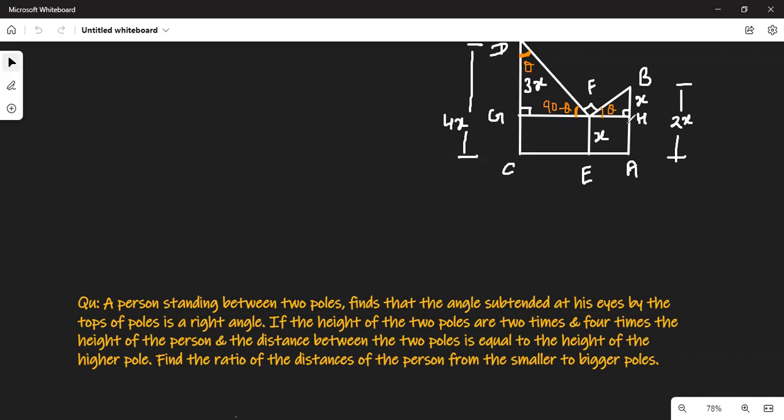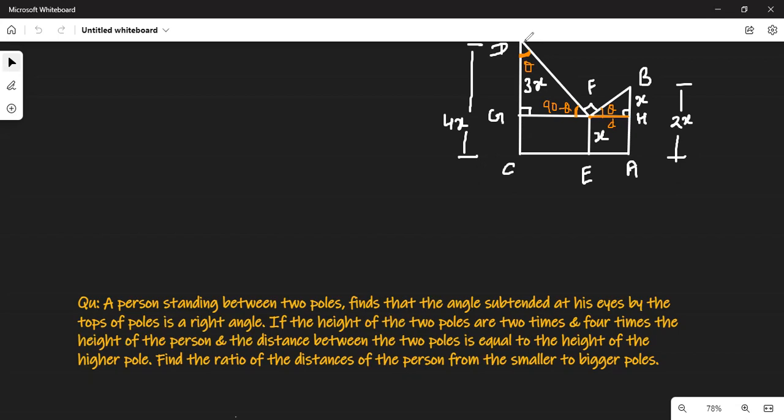We are asked to find the ratio of the distance of the man from the smaller pole, that is FH, to the distance from the larger pole, FG. Let's represent the distance we are asked for by small d.